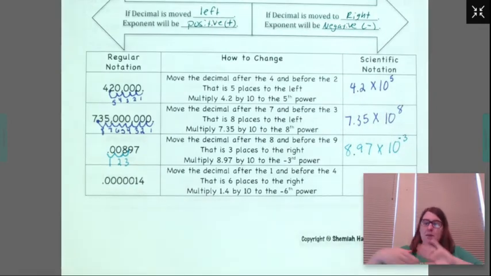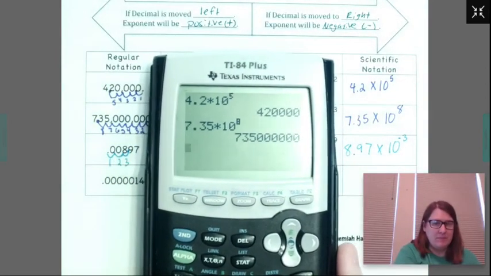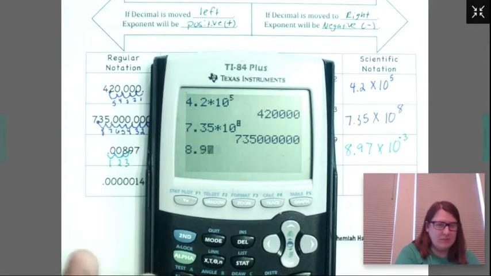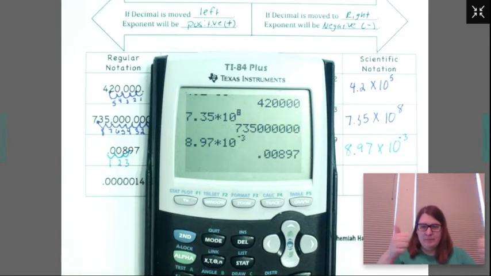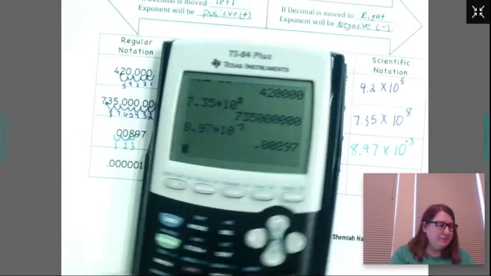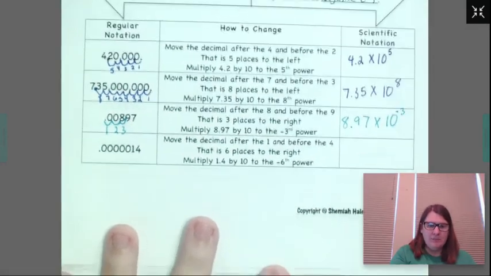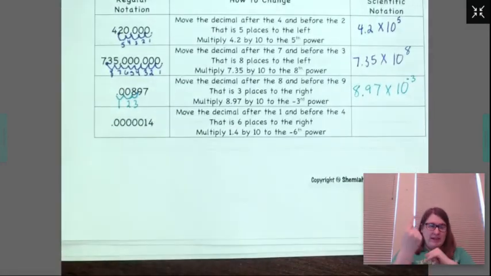Okay, it's going to become negative because we moved the decimal point to the right, not the 10. Okay, the exponent becomes negative. Match. All right, let's try the last one.